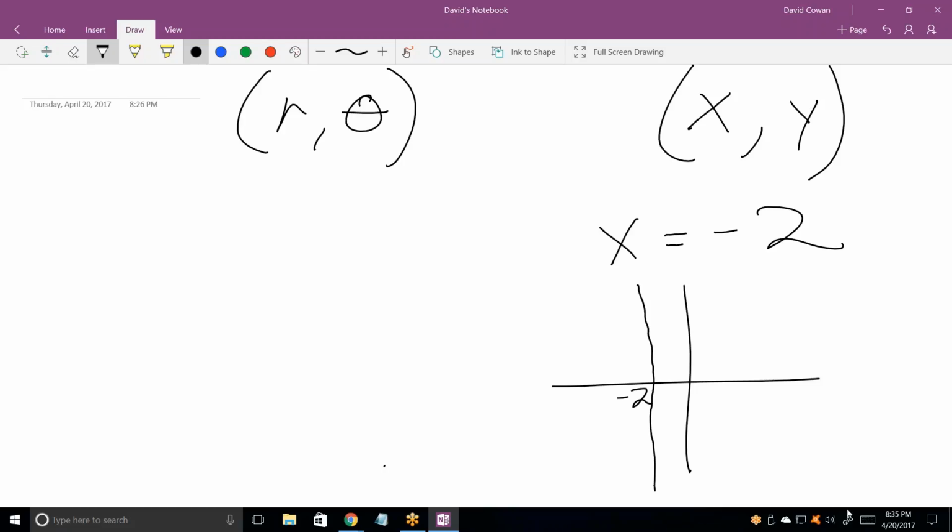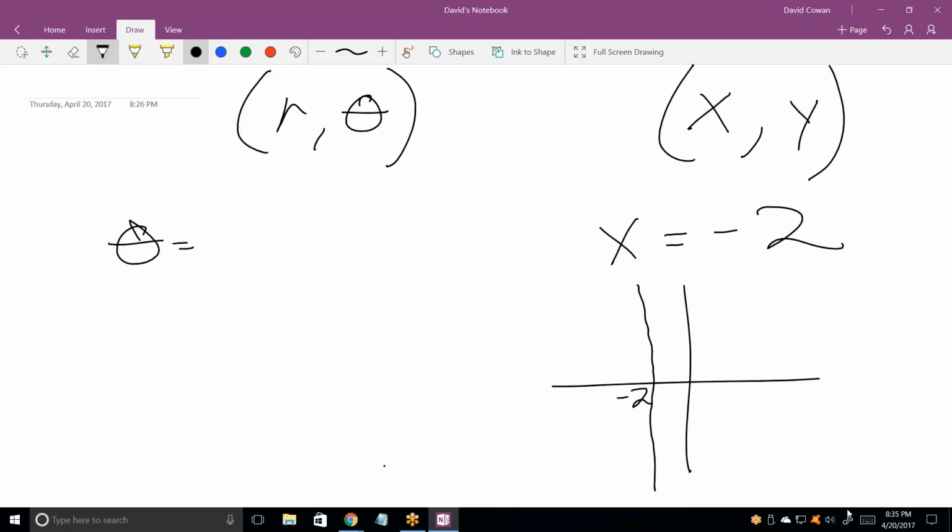Well, let's see. X equals R. Let's go back for a minute. What's our first step on these always? Solve for theta. Right?